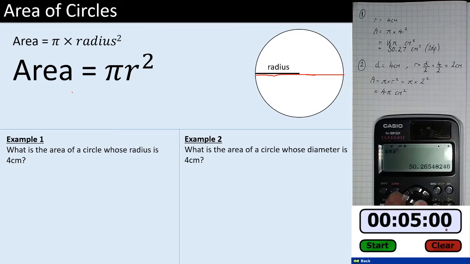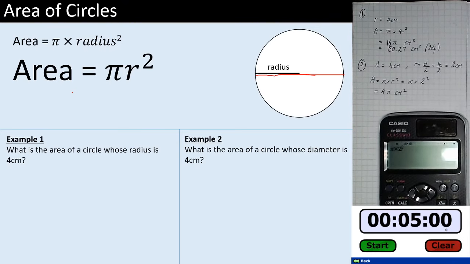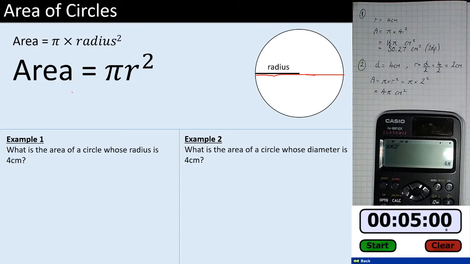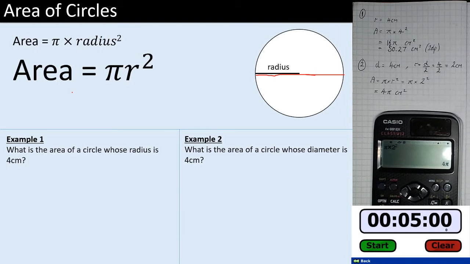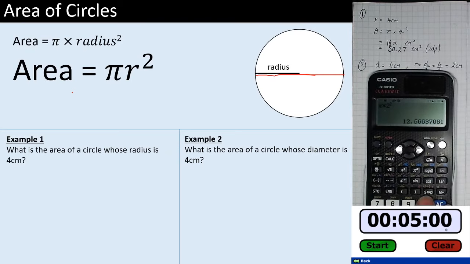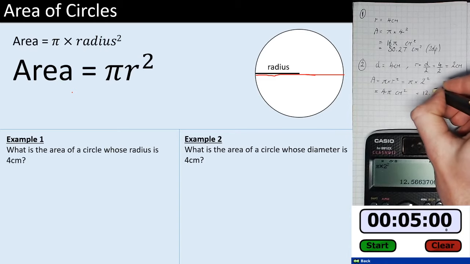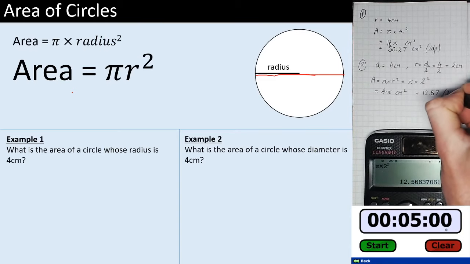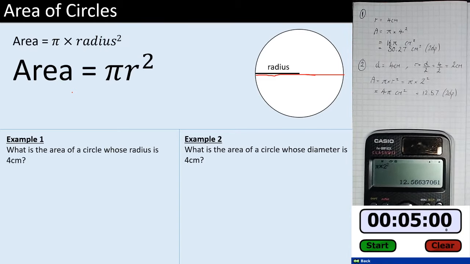Or if we were using our calculator, we could type out pi times 2 squared, hit equals, and if it comes out as saying 4 pi, we press our change button or our S to D button on our calculator, which is just there, to get our decimal answer, which in this case is 12.56637. I'm going to round that to 12.57 to 2 decimal places.